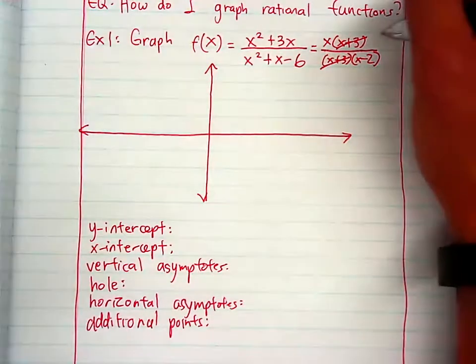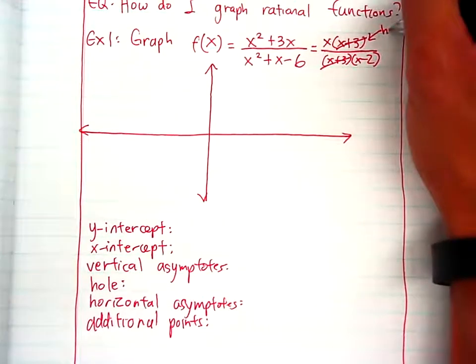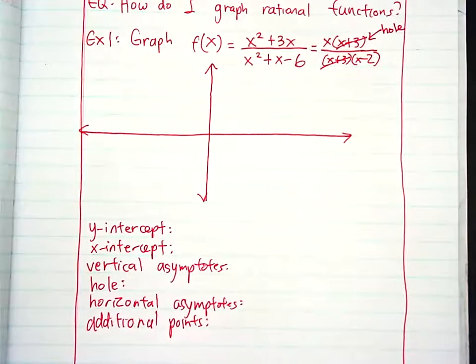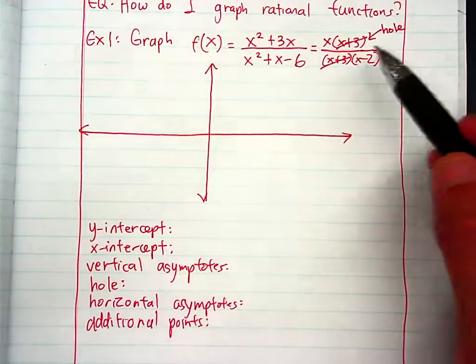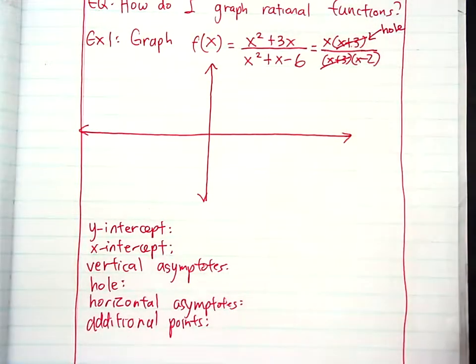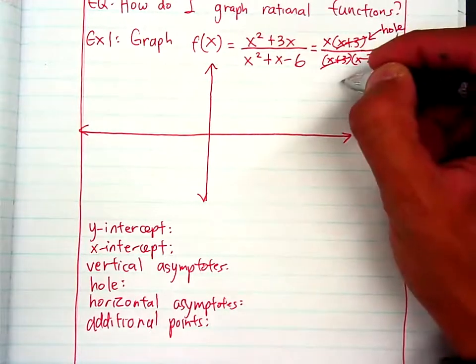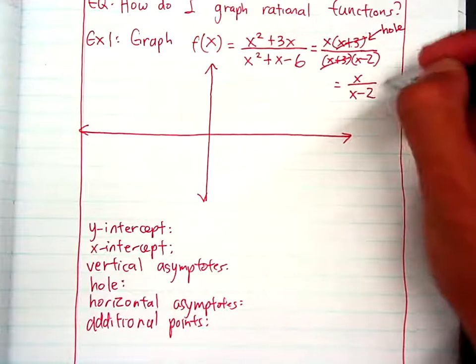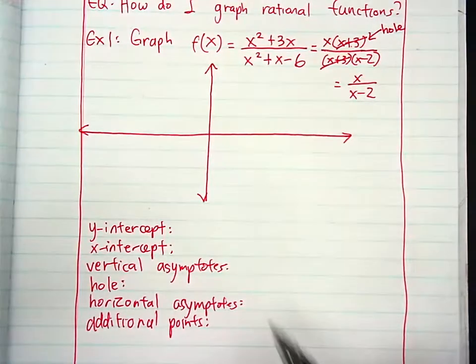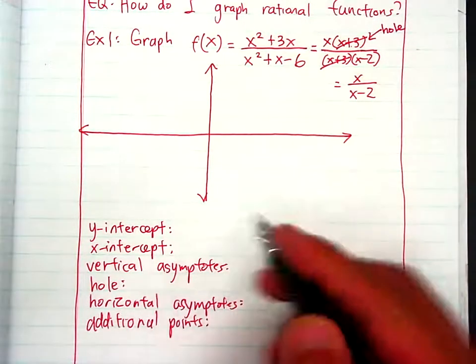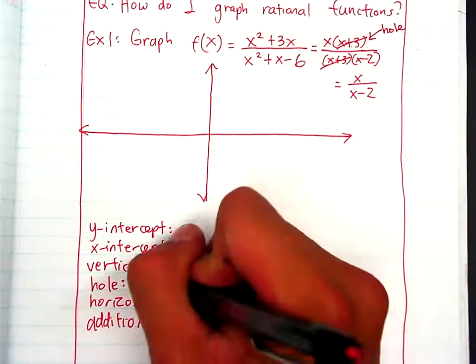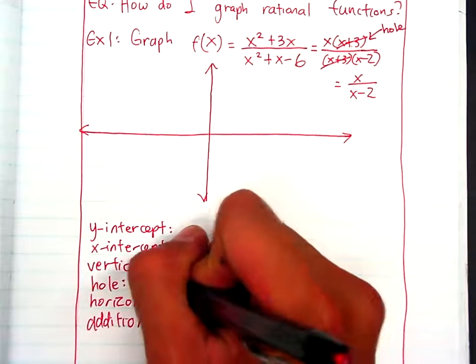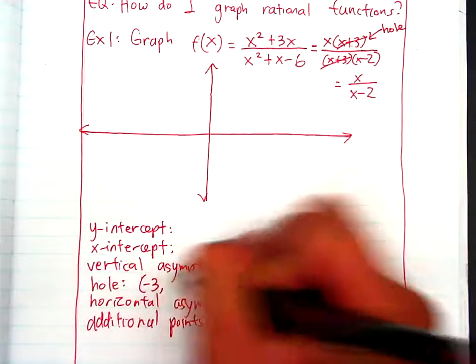Whenever I can cross a factor out, this is where a hole is going to be. So my hole is going to be at the x value of negative 3. And right now my rational function is x over x minus 2. I probably want to work with this rational function. So my hole is at negative 3 because I crossed out x plus 3.